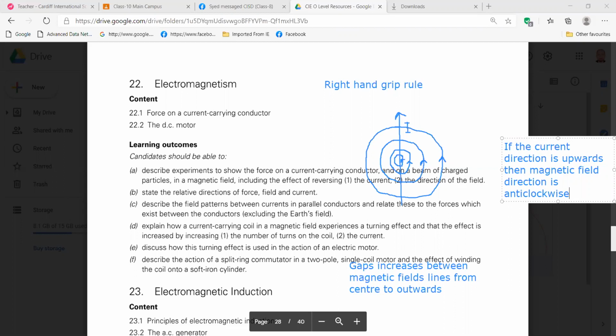If the current direction is upward, then magnetic field direction is anti-clockwise.